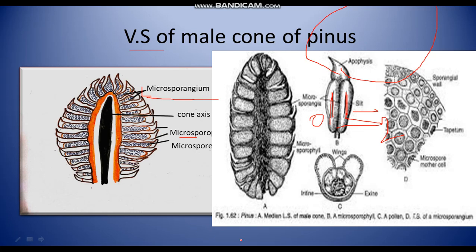Two pouch-like sporangia are present on the abaxial surface. We have to remember this. Now structure of microspore. The pollen grain is also known as a microspore, and it is covered by the exine and intine. And there is also a wing. You can see the wings are present on this microspore.